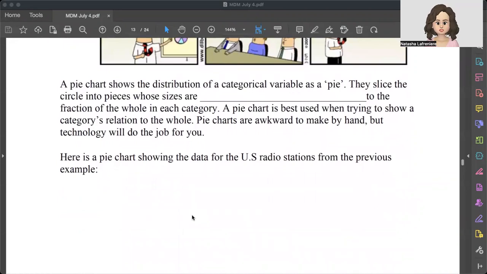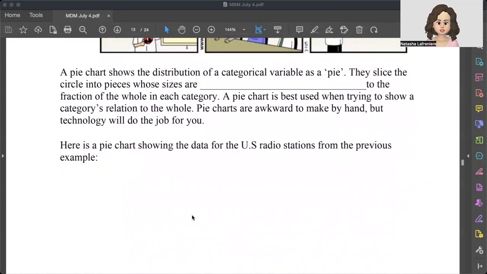They slice the circle into pieces whose shapes are proportional to the fraction of the whole in each category. A pie chart is best used when trying to show a category's relationship to the whole. Pie charts are awkward to make by hand, but technology will do the job for you.